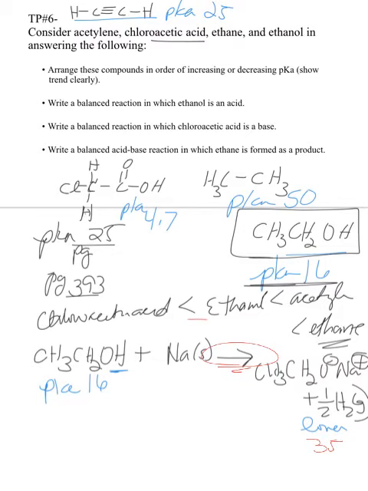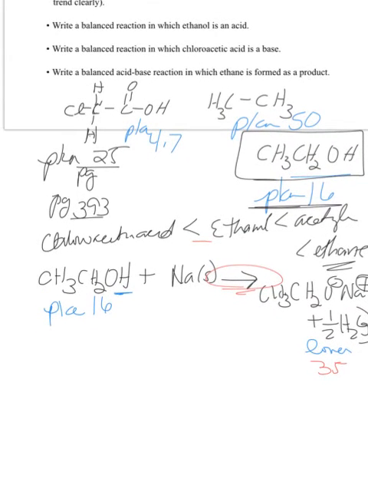Okay, the next question says, write a balanced reaction in which chloroacetic acid is a base. Chloroacetic acid is the base. If it's going to act as a base, then it's going to have to react with a stronger acid, H2SO4.